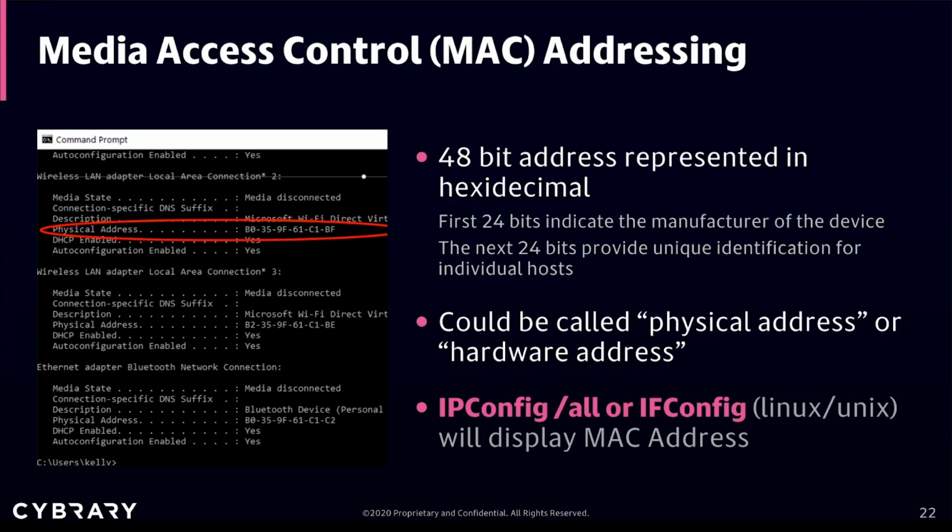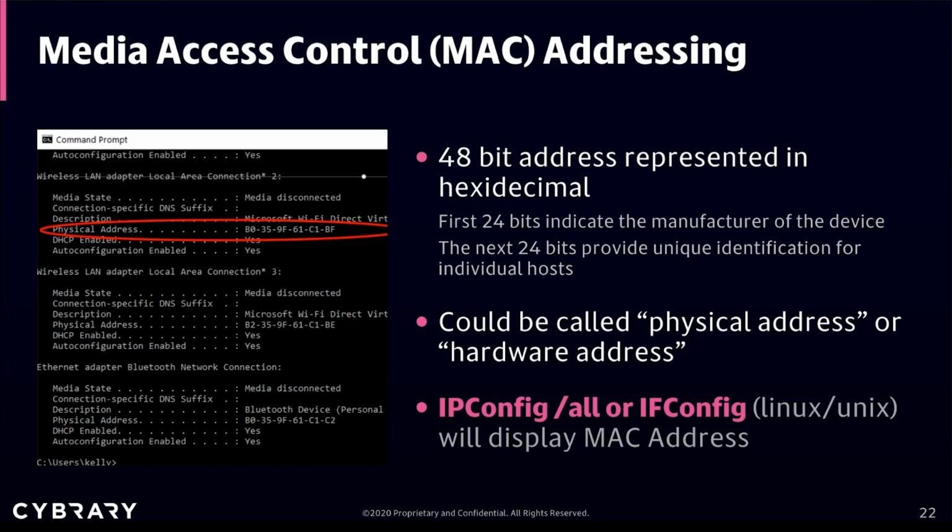So if we all had 3COM network cards or something from the same manufacturer, it wouldn't be unheard of if the first 24 bits were the same for my MAC address as yours. Now, of course, manufacturers are given a wide range of addresses, but it wouldn't be impossible. The last 24 bits are unique to the host and unique to the network interface card. So even if we do have the same first 24 bits, our host address will be different.